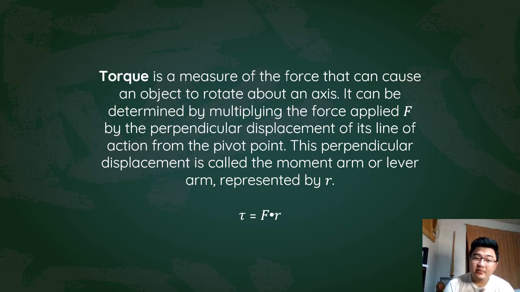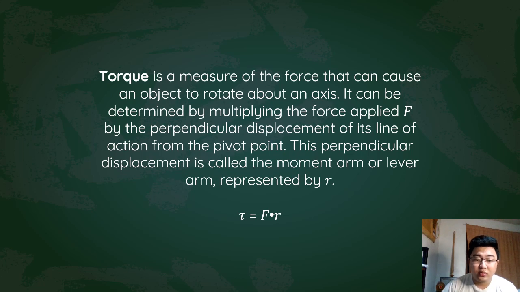It can be determined by multiplying the force applied, represented as F, by the perpendicular displacement of its line of action from the pivot point. This perpendicular displacement is called the moment arm or lever arm, represented by R. Therefore, mathematically, we can express torque as force times R.